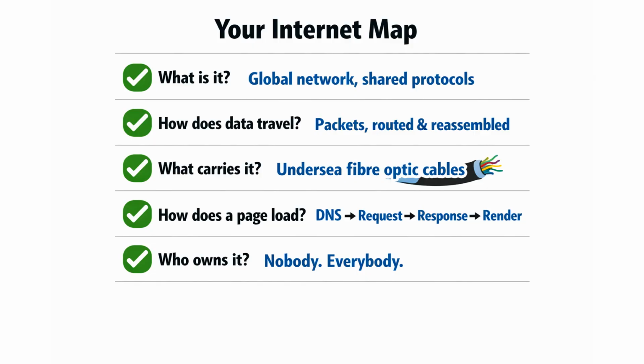Mostly physical undersea cables using fiber optic light pulses, not satellites. How does a web page load? DNS lookup finds the address. Your device sends a request. Server sends back packets. Your browser assembles the page. Who owns it? Nobody and everybody. It's a decentralized, cooperative system. That's your map of the internet.